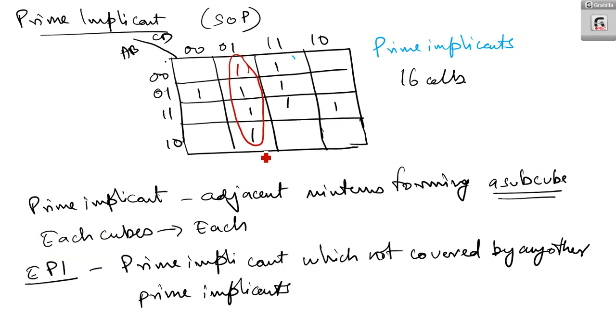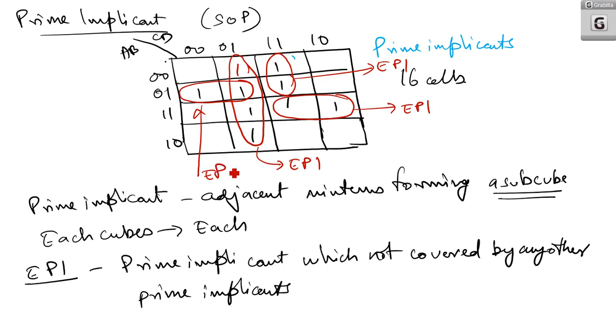This is an essential prime implicant. Again you can have this one, which we can consider as an essential prime implicant. Then we are considering these two separately, that becomes an essential prime implicant, and these two also become an essential prime implicant. So an essential prime implicant generally means it should contain all the terms.